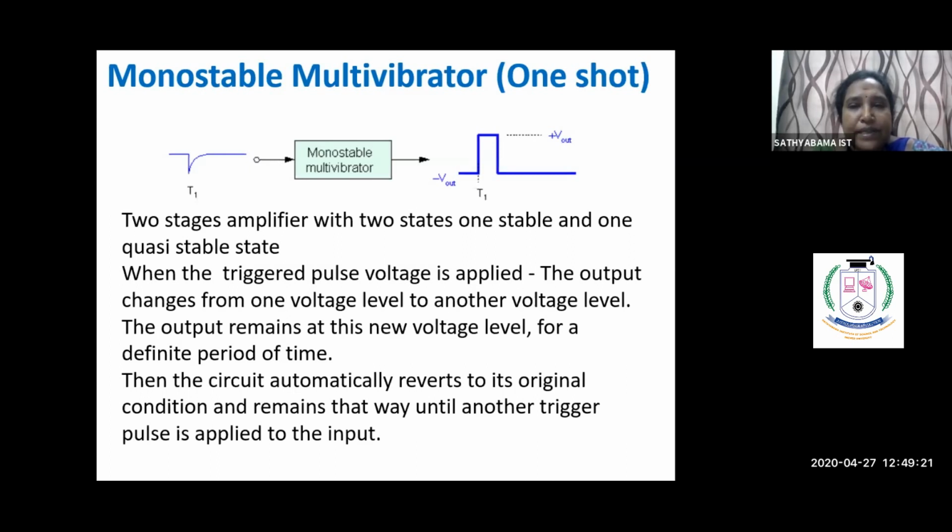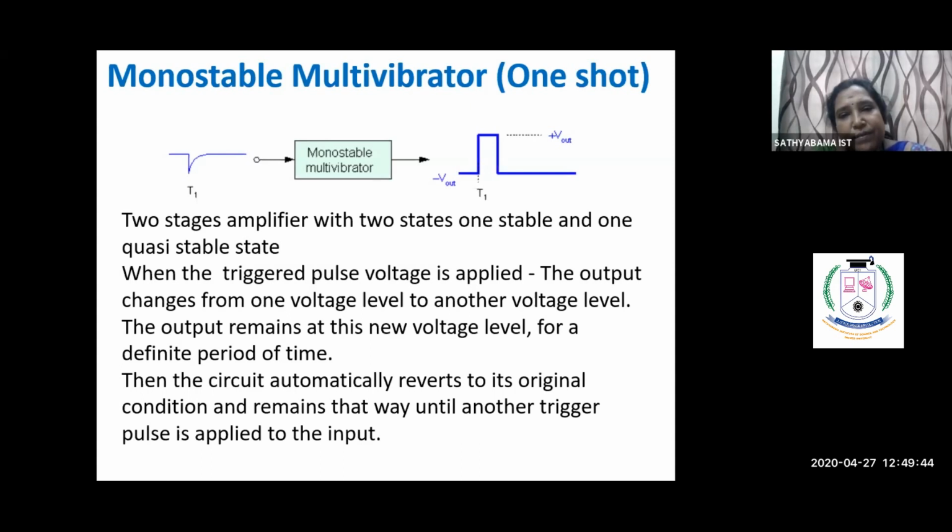Simply for explaining the concept, look at the diagram here. The input is only one trigger signal, that is T1, given to the monostable multivibrator. On the output side, we can see there are two levels, minus V out and plus V out.